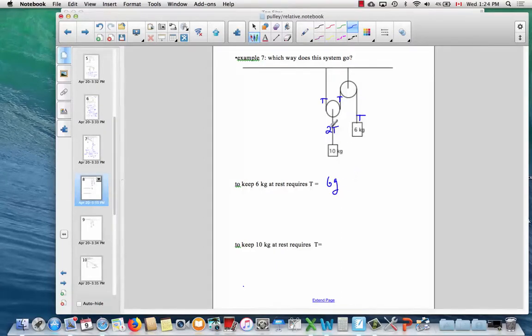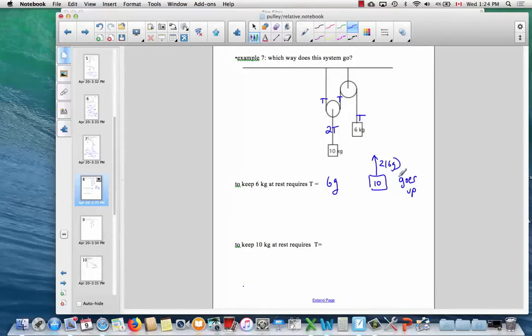That would mean over here that you would actually have 2 times 6g, you would have 12g pulling up on that mass. Well, clearly that tension then exceeds the weight of this 10 kilogram mass, and so it would not be in equilibrium at all. It would be tending to go up.